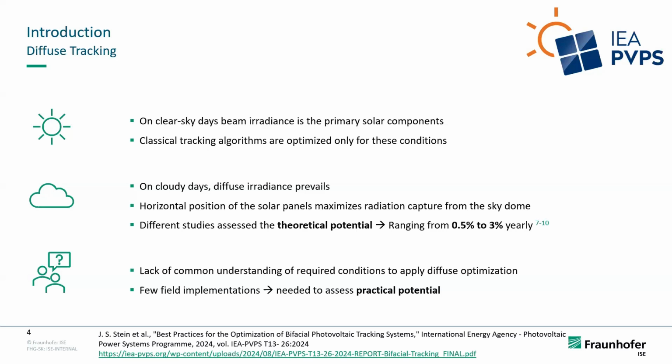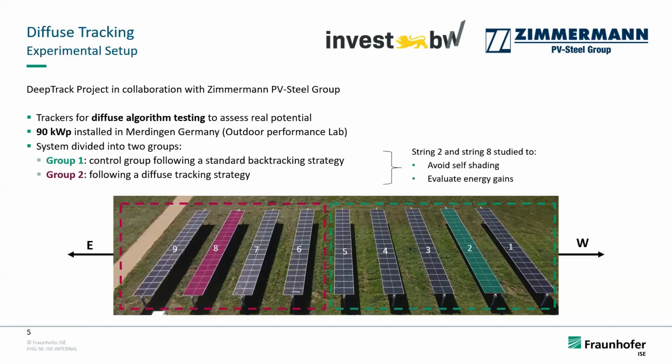And also there are few field implementations, or at least few available data, to really assess the practical potential of diffuse tracking. So we have a lot of theoretical potential, but then how do we translate this in reality to an existing system?